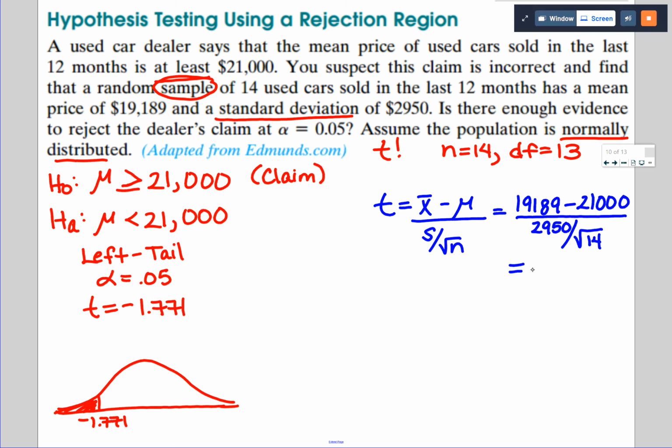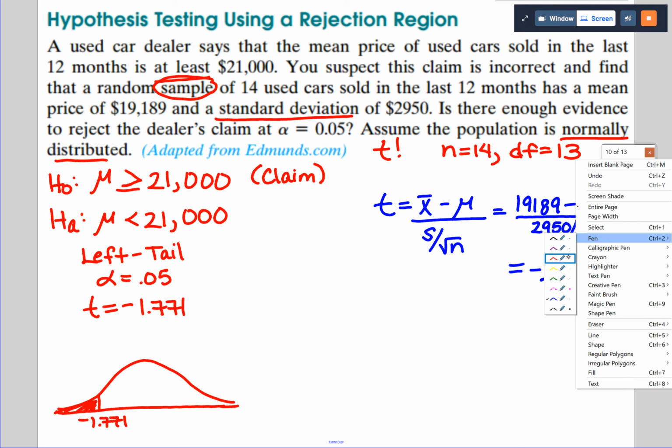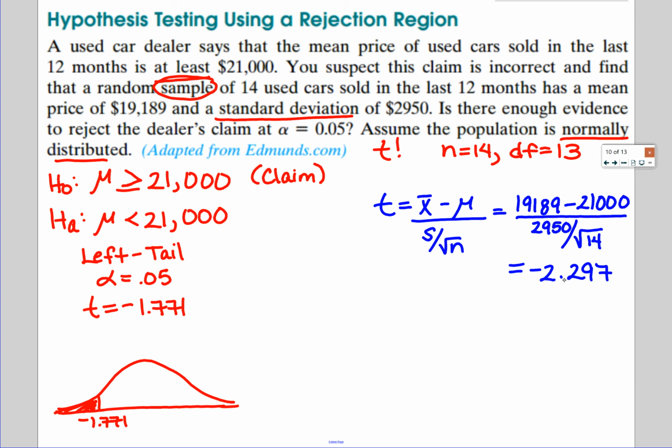And you should get negative 2.297 for that t value. Okay. All right. Did you type it in all at once with alpha y equals? Oh, okay.